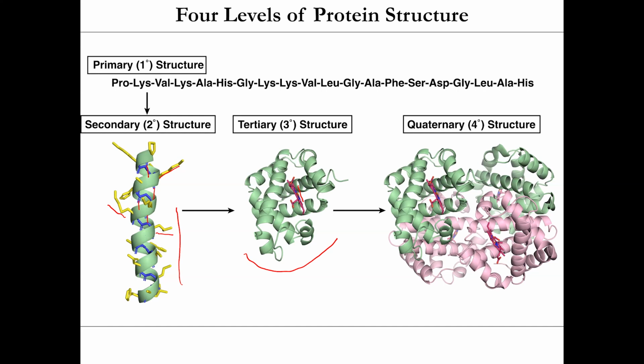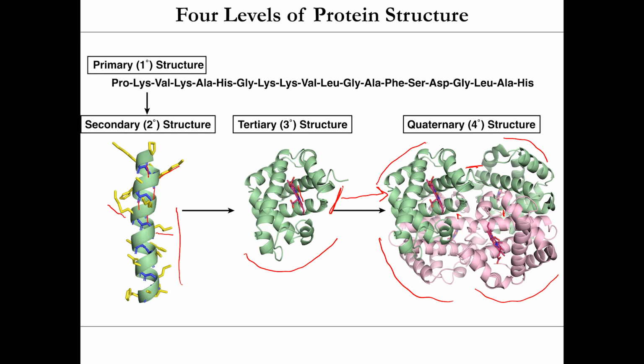And then quaternary structure would be multiple polypeptides coming together to form a final assembled functional protein. So this subunit here in green, the tertiary structure, is then assembled with an identical subunit and 2 different subunits shown in pink to make the final functional protein, which in this case would be hemoglobin.